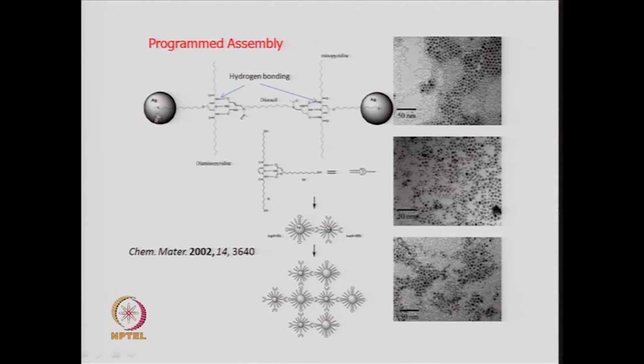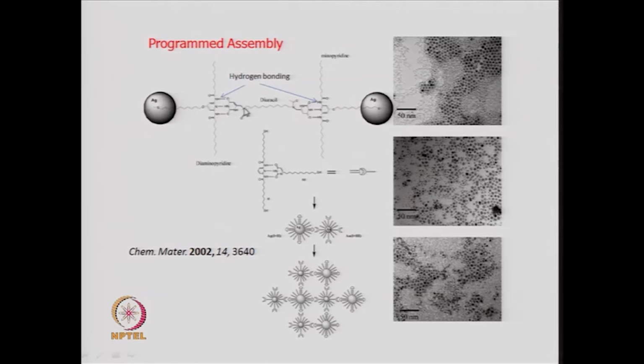Here the particle is silver, again through a thiol group, and so you have this silver nanoparticle with thiol linked to this particular molecule which is called diaminopyridine, and you have another linker molecule which is called diuracil, and this diuracil has got this kind of moiety O nitrogen O. Now, this type of moiety immediately finds this kind of nitrogen. So, you have this kind of a pyridine ring here, and it forms hydrogen bonds.